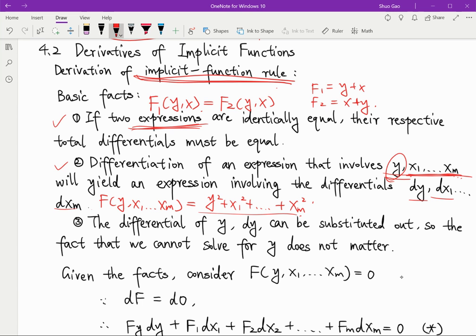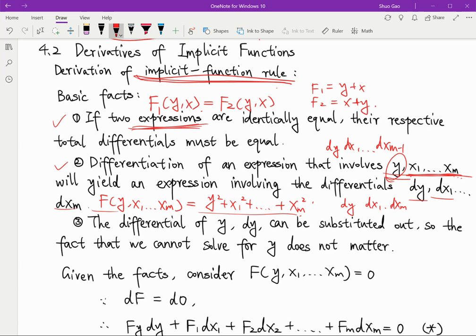The differentiation of this expression will contain the differentials of all the variables, from dy to dx1 and dxm. So it cannot only have dy, dx1, and then dxm minus 1, because we have m independent variables here.